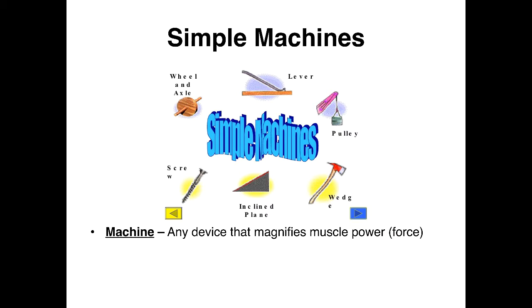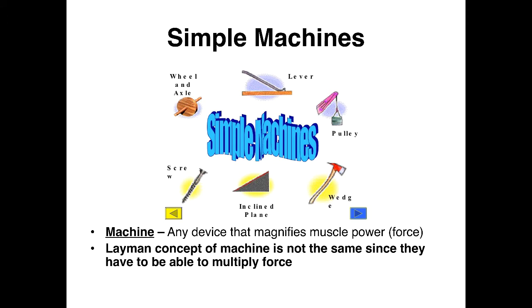But the fact that it's more efficient or better at cutting grass does not necessarily make it a machine from a physics perspective. To a layman, the concept of a machine is not the same, since a machine has to be able to multiply or magnify force.